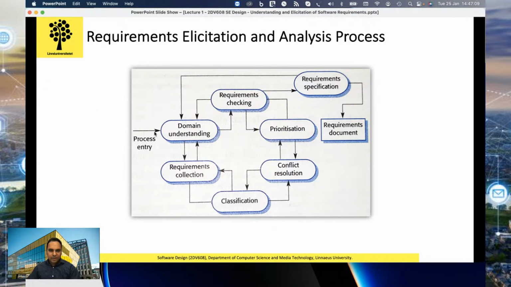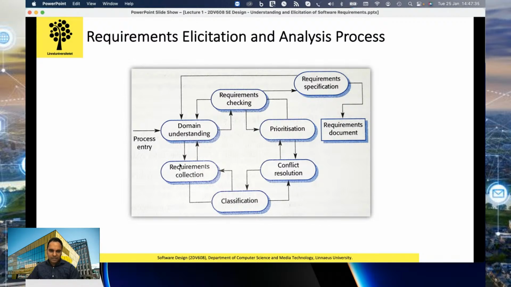So you start from here. As a requirements analyst or requirements engineer, you should have a domain understanding. Then once you have the domain understanding, you go for the requirements collection. And once you collect the requirements, you go for the classification.